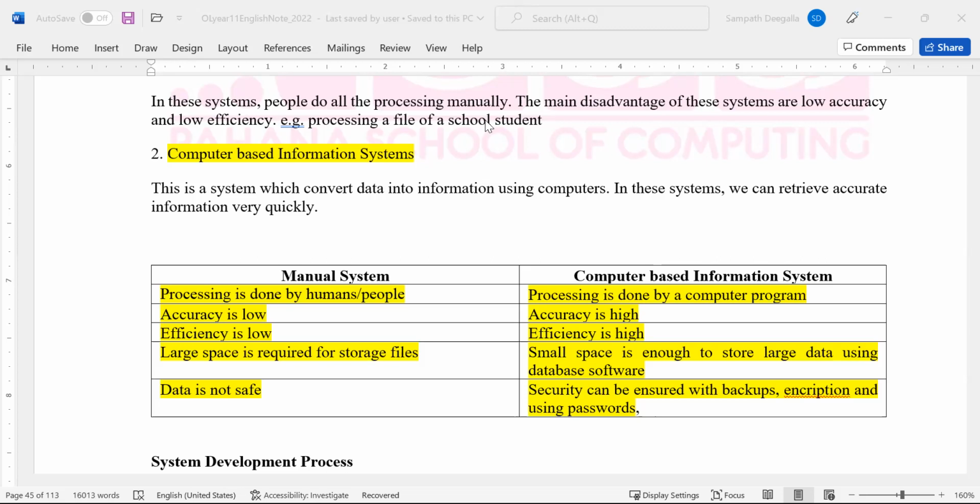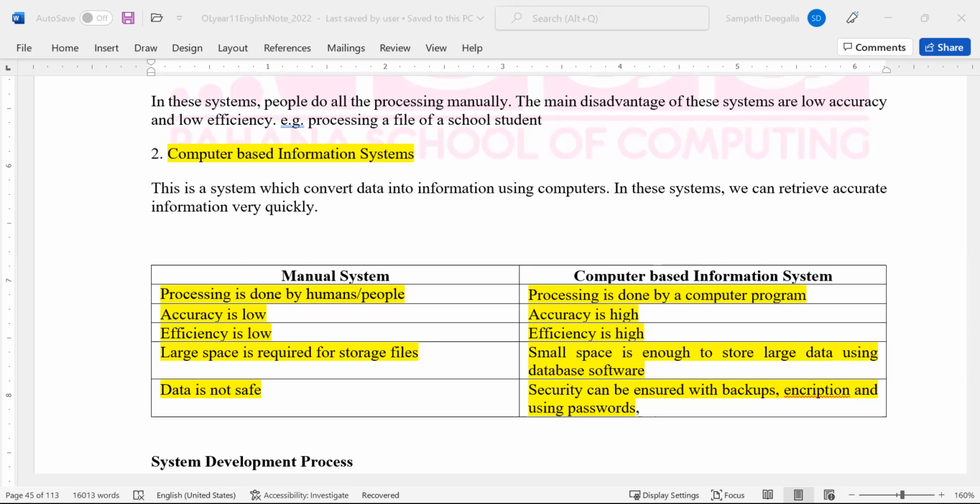But if you take computer-based systems, security is usually high because you can create copies, we call backups. For example, every day, every minute, you can make backups so that you are not going to lose information in case of a catastrophic failure, like a power cut, a fire, right? A flood, nothing can affect you if you have a computer-based system.